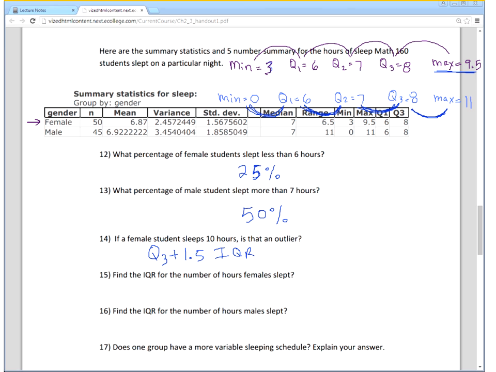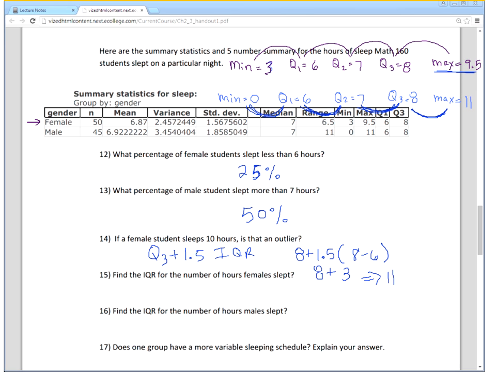All right, so the third quartile for female students, that's 8, plus 1.5 times the IQR, which is 8 minus 6. So that's 8 minus 6 is 2. 2 times 1.5, that's our 3, right? So we end up with 11.